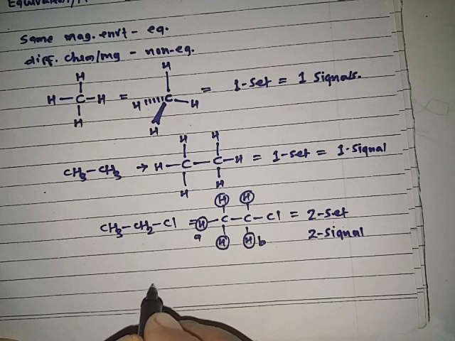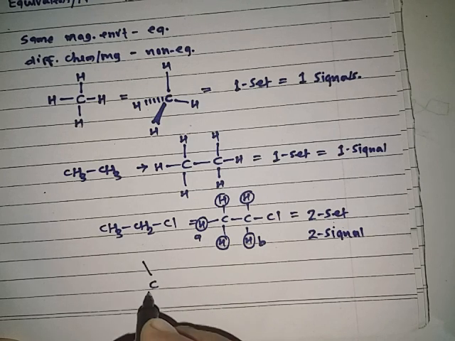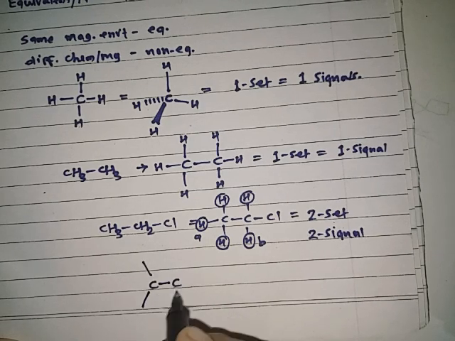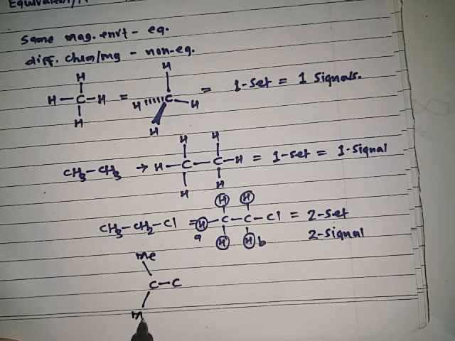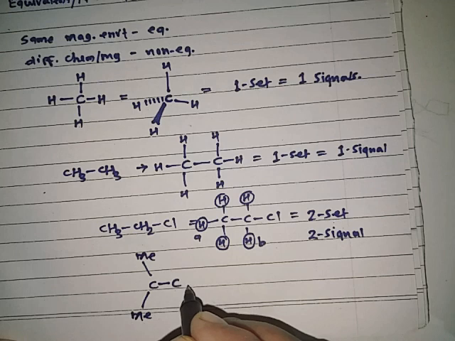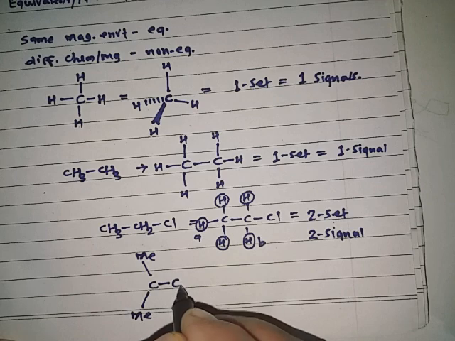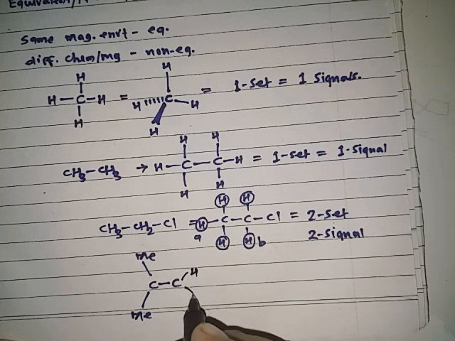Again, if you see another example, suppose there is a methyl group, and this carbon having one hydrogen and one chlorine.